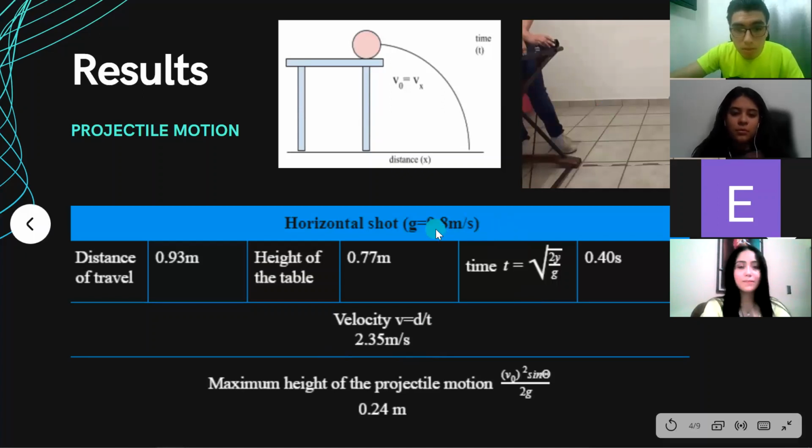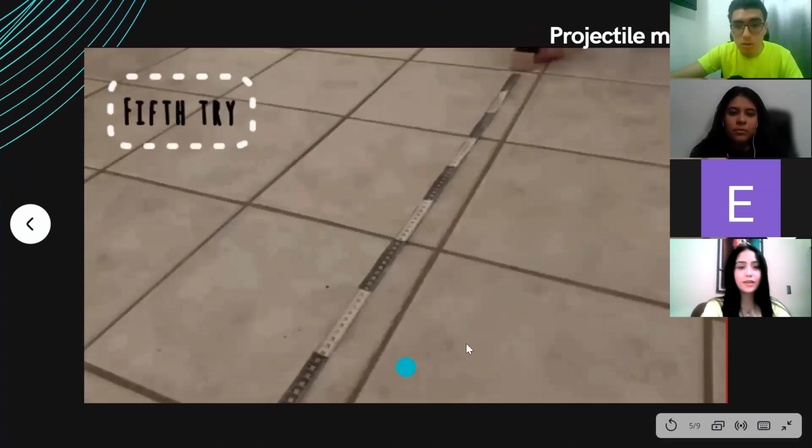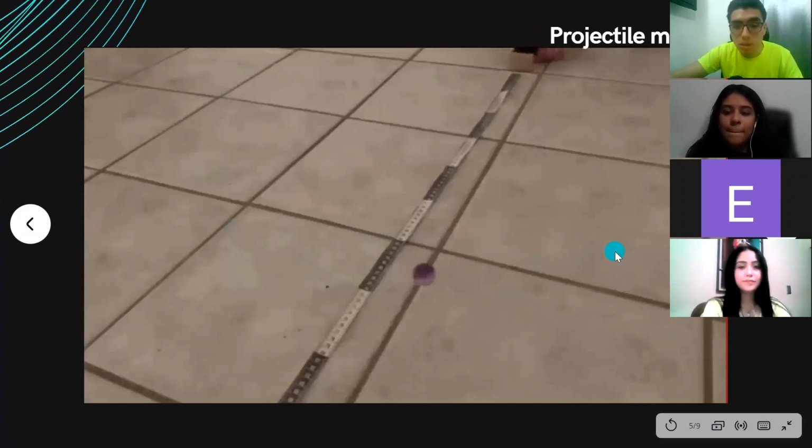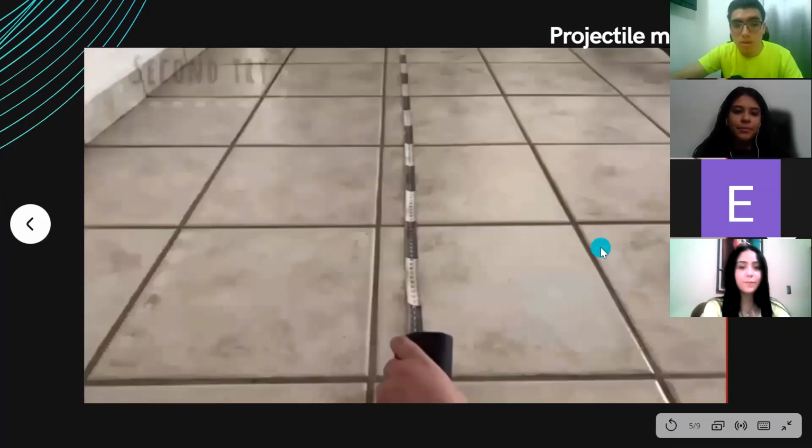Then Gemma started to do some trials of projectile motion, where she used the cannon in order to calculate the initial velocity.